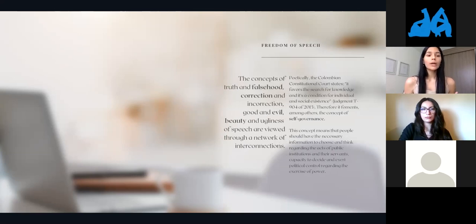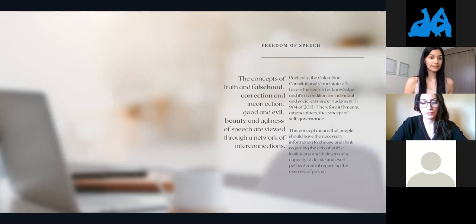When the Constitutional Court establishes the thing to approach and starts asking these questions, it approaches concepts that are diametrically opposite, such as truth and falsehood, correction and incorrection, good and evil, beauty and ugliness of the speech that are viewed through a network of interconnections.